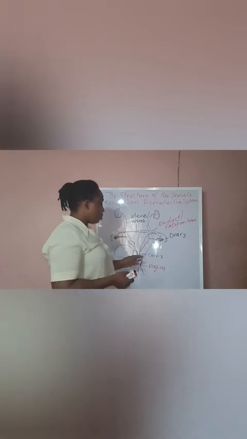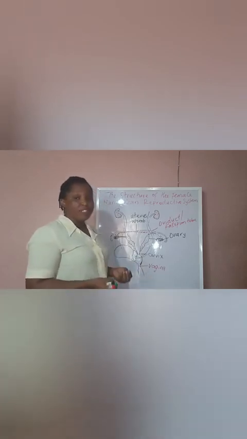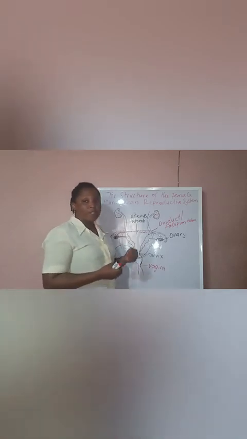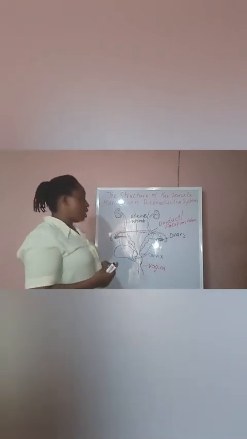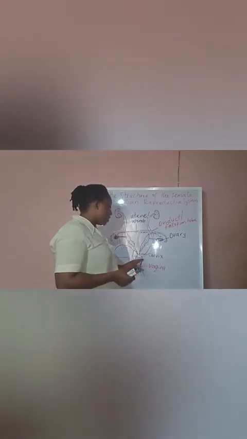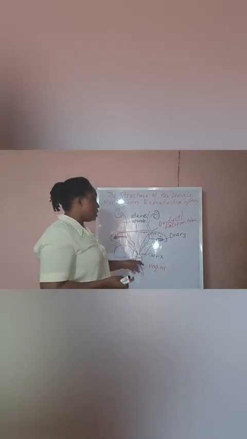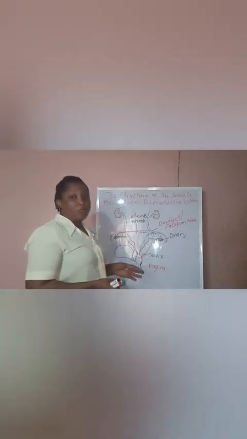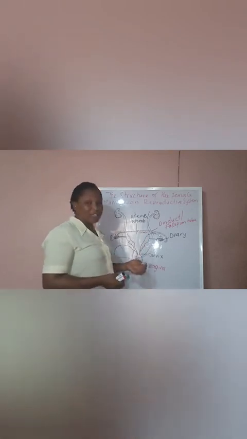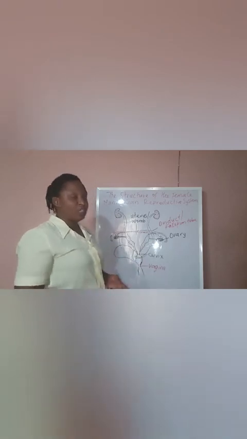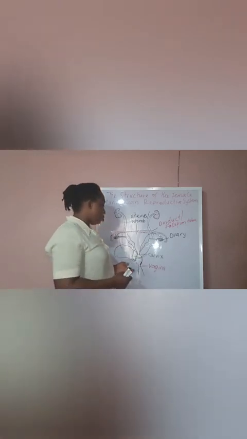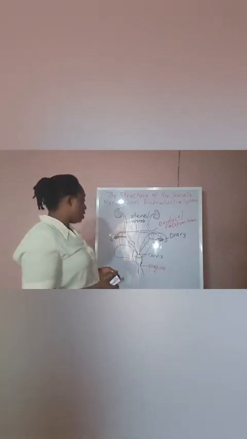So the function of the vagina is to receive the sperm during ejaculation, and also it serves as the passageway for the baby. That's why it is also known as the birth canal, the canal through which the baby passes during birth.